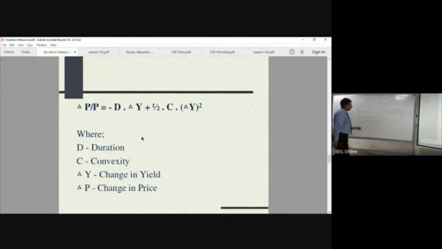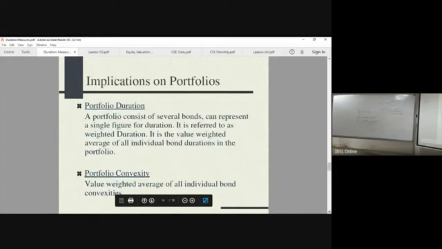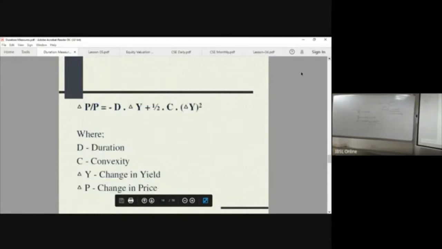Right. So now you will see how we can use these things in our analysis and our decision making. Okay, we will just do an exercise.